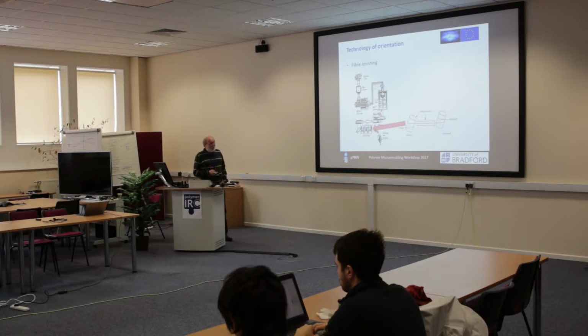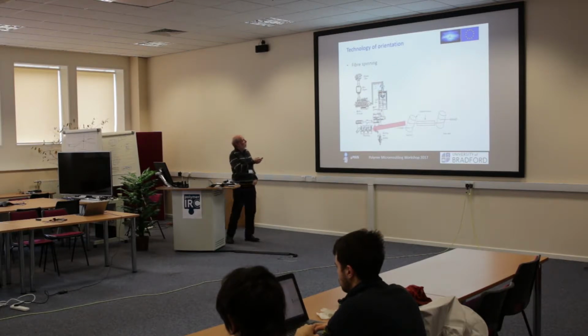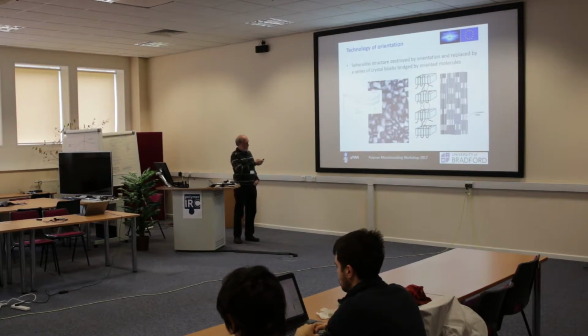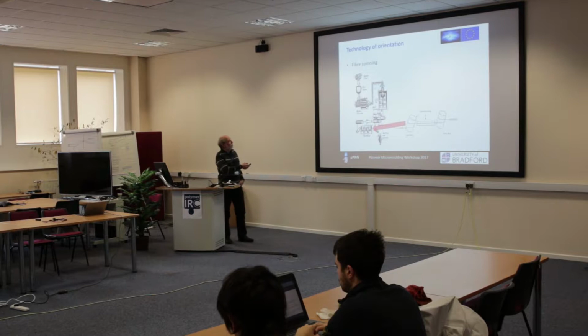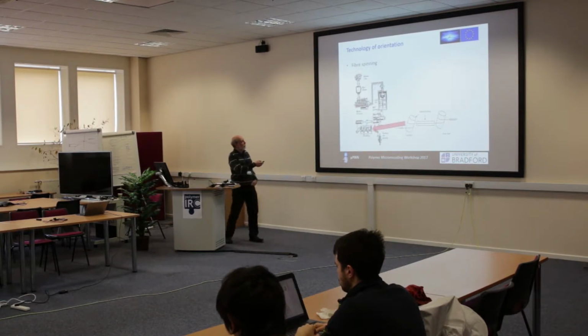Fibre spinning is one way of producing oriented material. You make fibres. The traditional way is you extrude the fibres and you wind them up and so on.